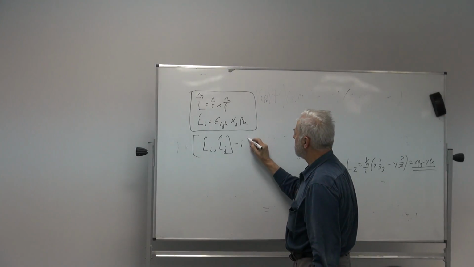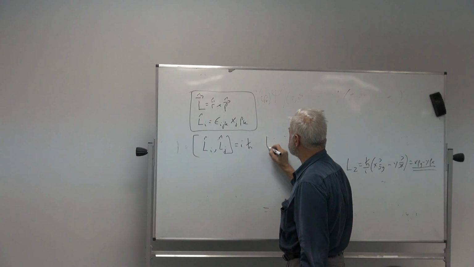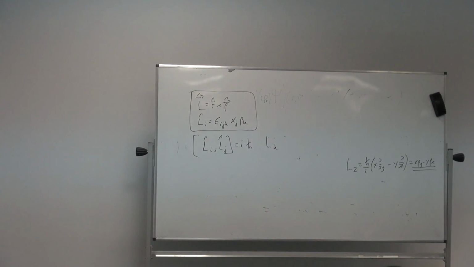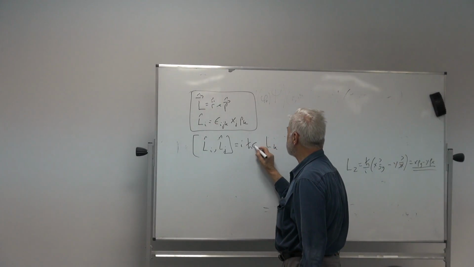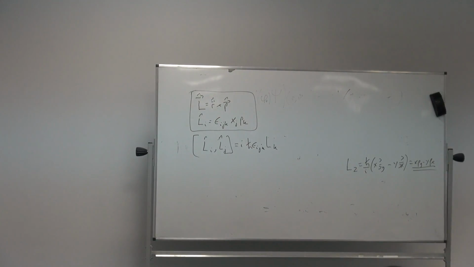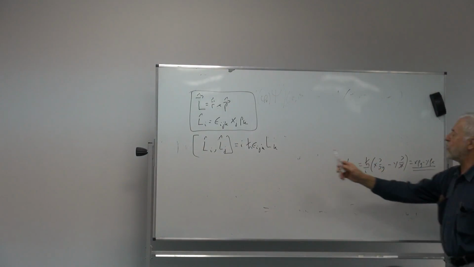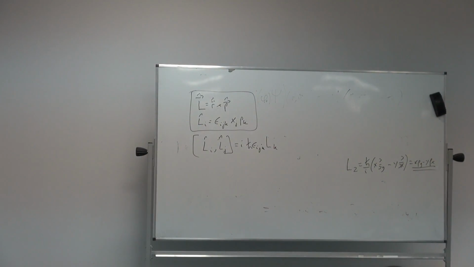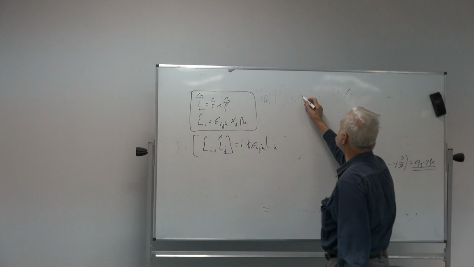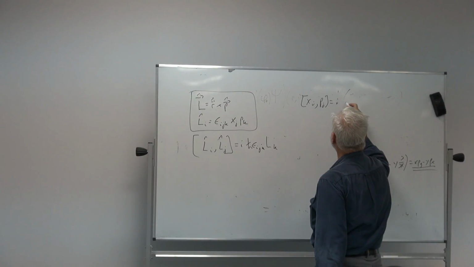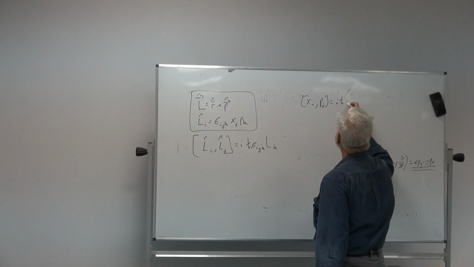There is h bar, and then there is this last, so to say, L component, which is not present on the left. And again, our epsilon ijk comes in handy because it allows us to write it in a compact form. How do I check this? Well, it's very easy. I just plug in here those expressions of L's in terms of x's and p's, and I'm using the basic fundamental commutator xi pj is equal to i h bar times delta ij, yes?